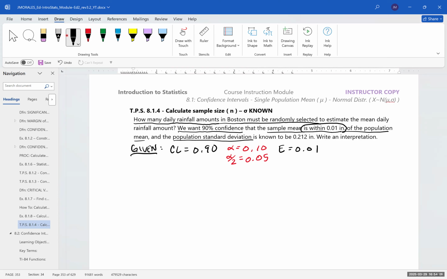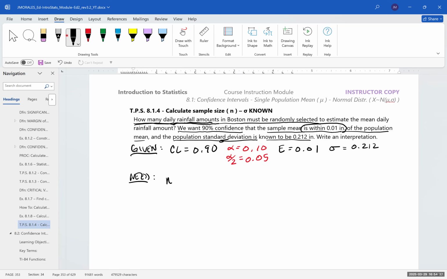The population standard deviation is known to be 0.212. So population standard deviation, which is sigma, is equal to 0.212. So what we need is actually what was outlined at the very beginning, which is how many daily rainfall amounts, what's our sample size, do we need to fulfill all of these parameters.